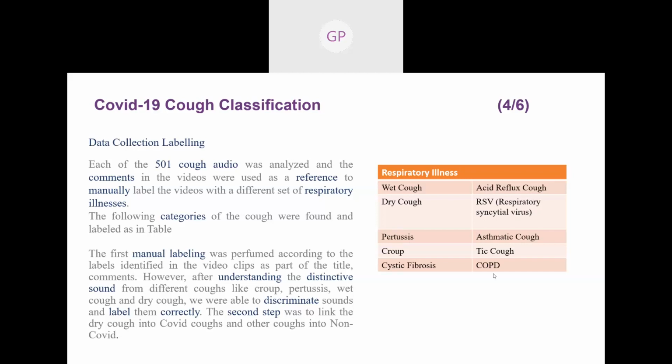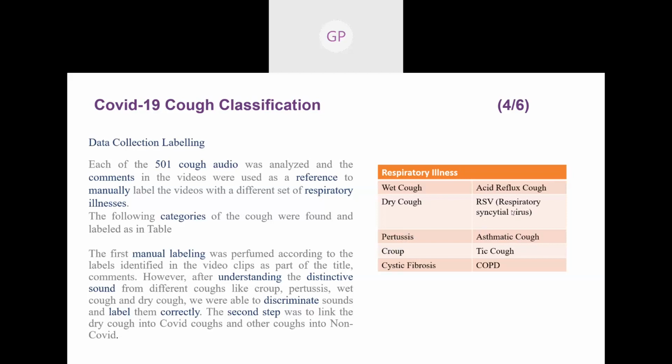While understanding these, we also tried hearing the sounds of all of these coughs. So the pertussis and croup coughs have a very distinct sound, a very different sound, which clearly demarcates that these are a different cough and these are not dry cough.